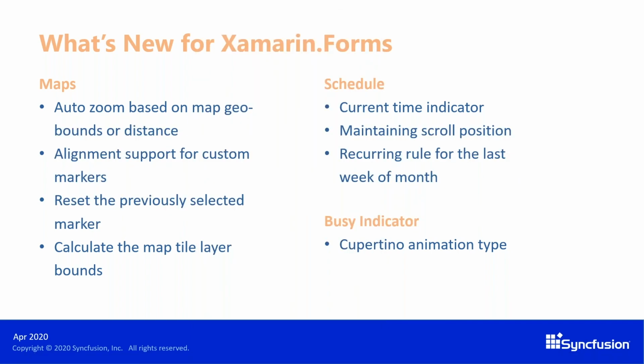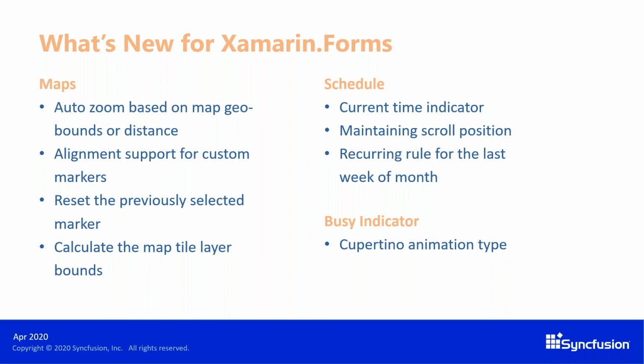The next feature is from the schedule. In the schedule control, now you can have a current time indicator. Earlier that was not possible. Now you can show the current time indicator with a black mark. You can customize the color. By default, it has a black mark, and you also have support for maintaining scroll position.